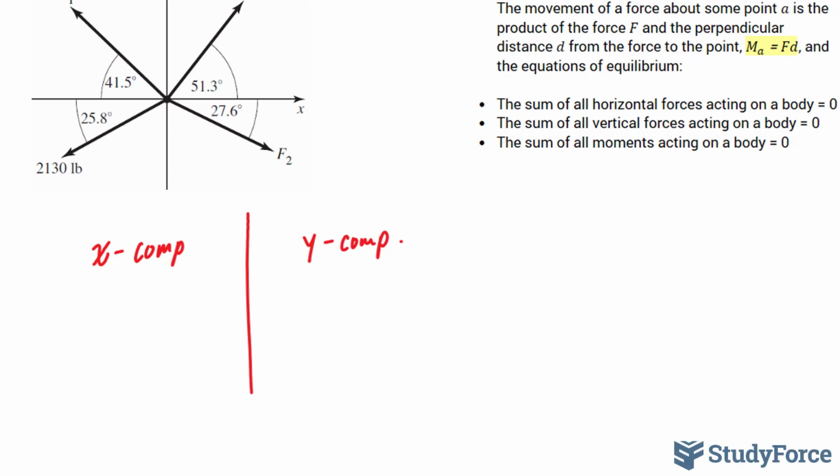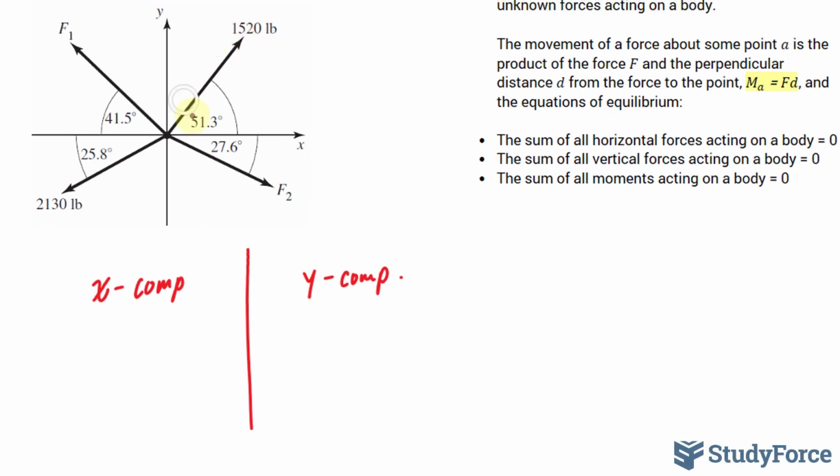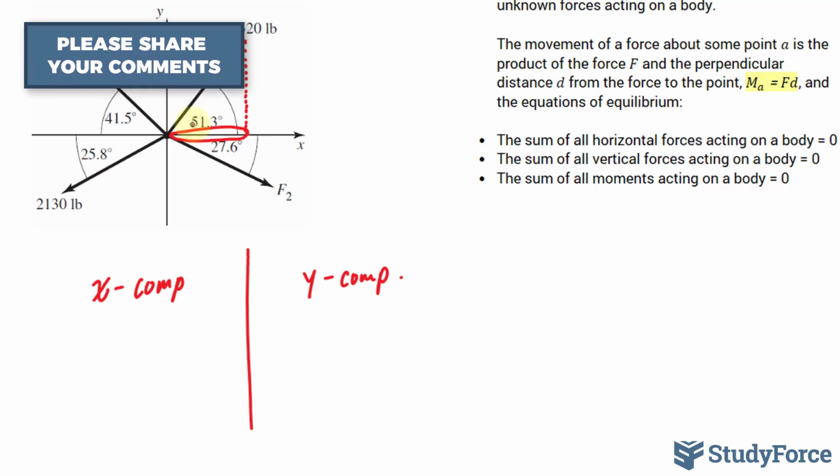Let's start by finding out the x component of this vector. The x component is this thing from here to here. I'll circle it. And remember, every vector can be represented as a right triangle. So this dotted line here would represent the y component of this vector, and this line over here would represent the x component. Using 51.3 as my angle, this line right here, this unknown force, is the adjacent relative to my angle.